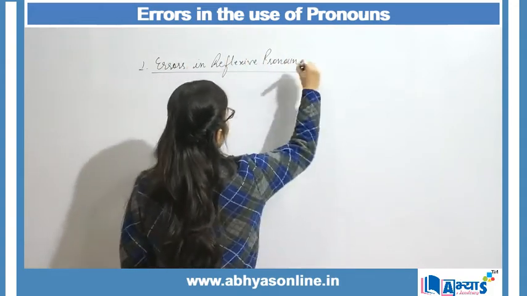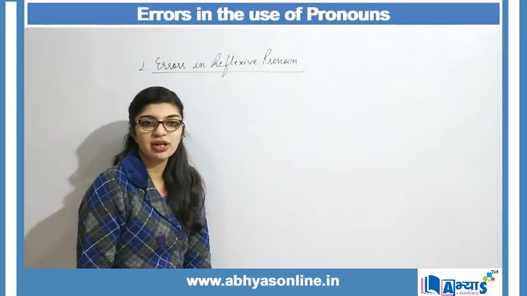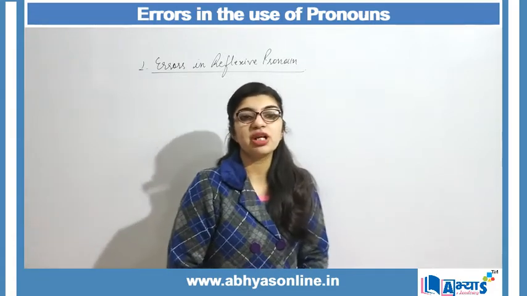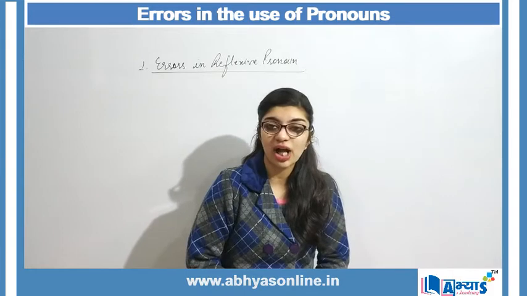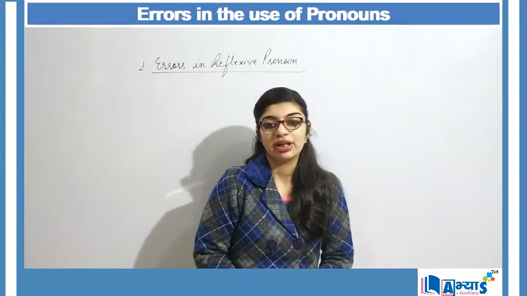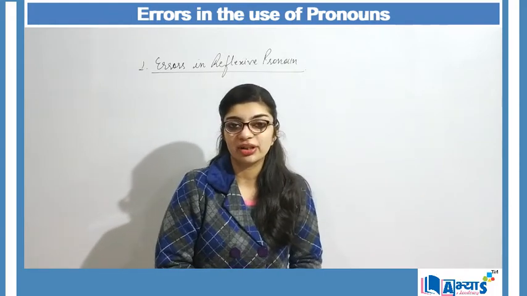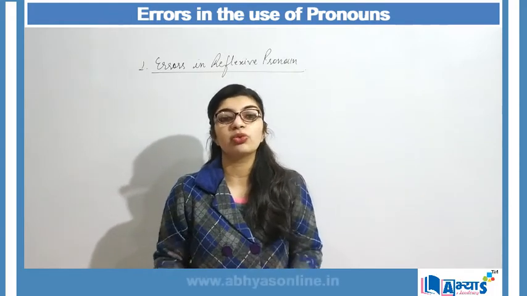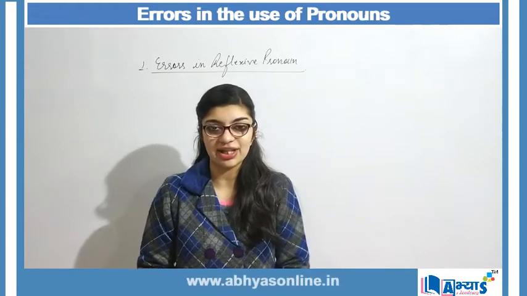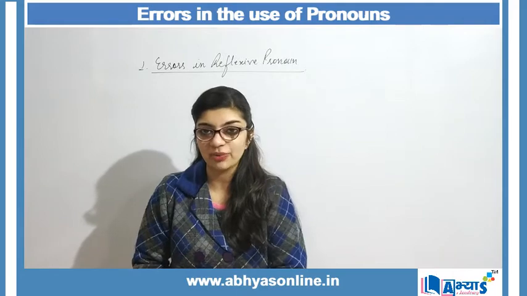Before we move ahead to the errors, first we need to understand what reflexive pronouns are. Reflexive pronouns are those pronouns which are used to denote the subject. Like I am talking of the person who is the subject, or I am pointing out towards the subject of the sentence. In that case, I will be making use of the reflexive pronoun.